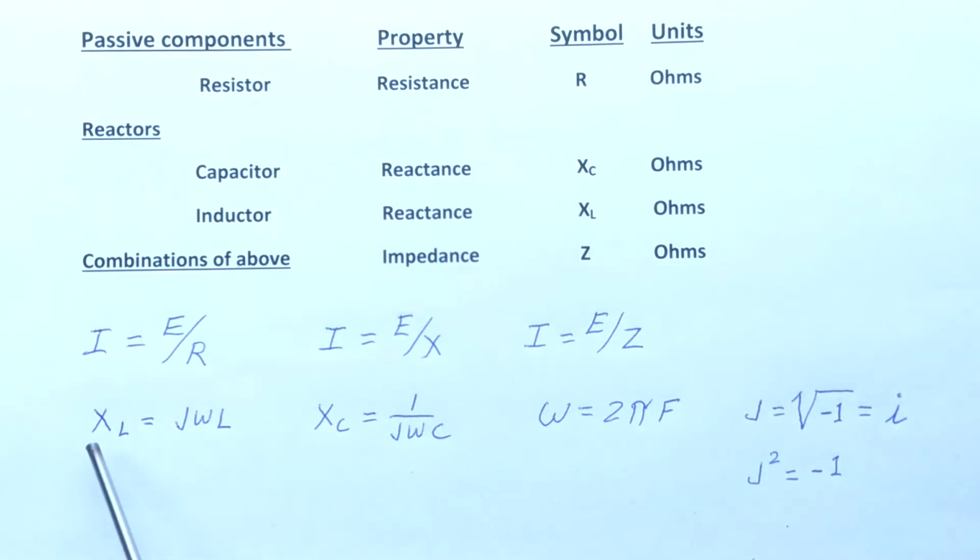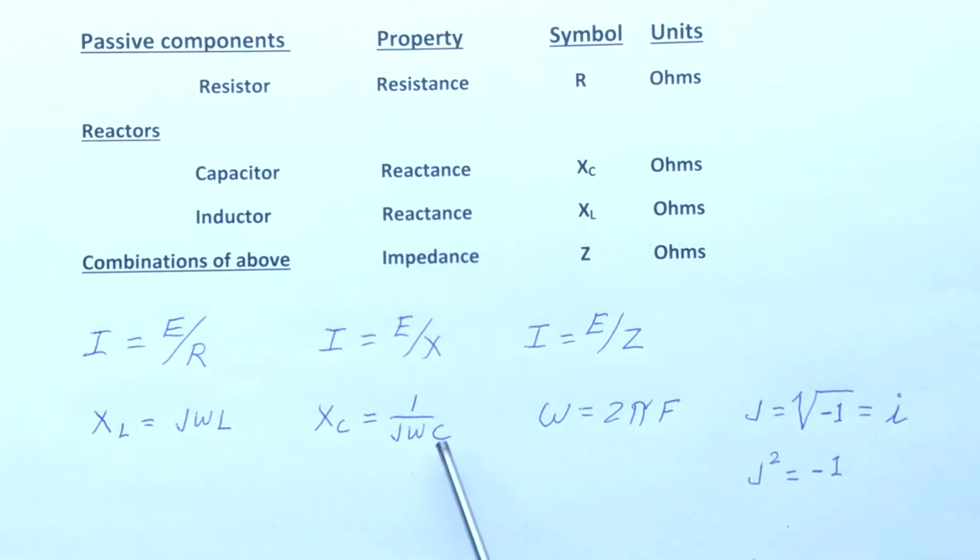So, again, X sub L is the imaginary J times omega L. Capacitive reactance is given by 1 over J omega C. Now here the L is given in henries, and the capacitance C is in farads.